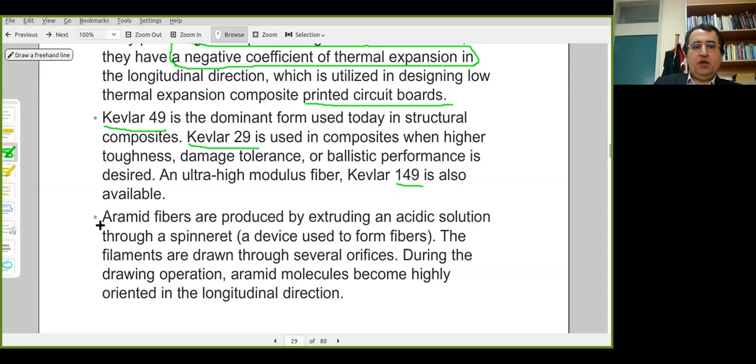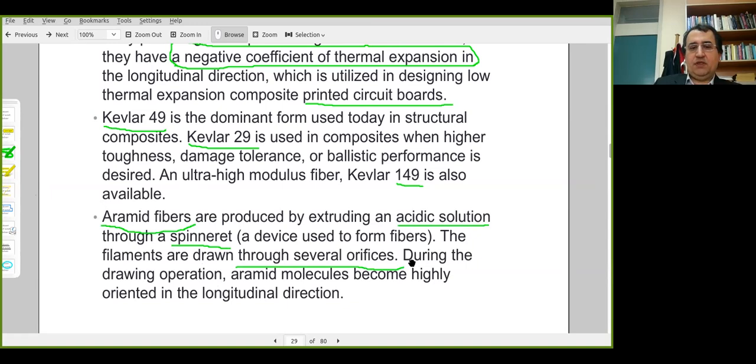In processing or production of aramid fibers, an acidic solution is extruded to a spinner. This is a device used to form fibers. Then this mixture passes through several orifices or small holes.